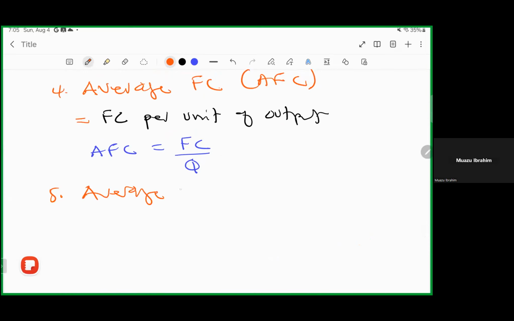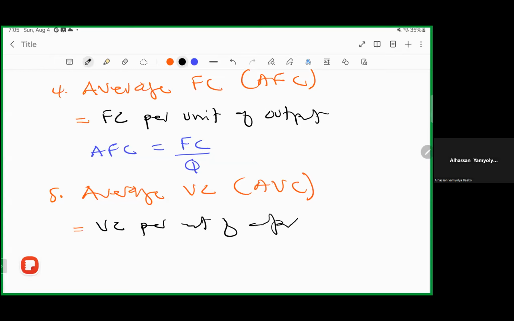Similar to the average fixed cost, it is the variable cost per unit of output, which means that the average variable cost is equal to variable cost divided by output.